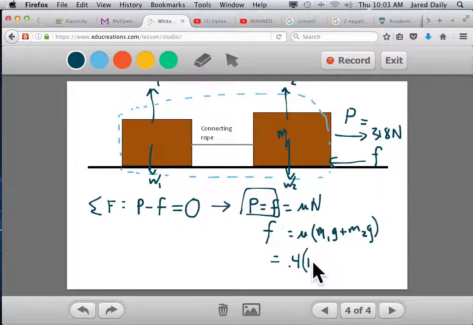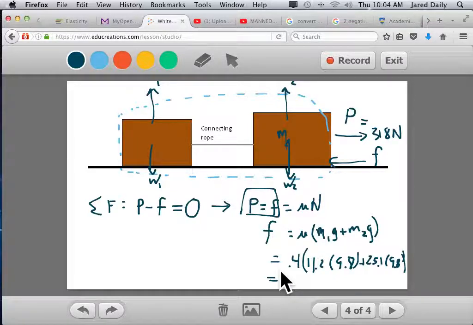So we have 11.2 times g, 9.8, plus 25.1 times 9.8. Add those together. We get like 350 times 0.4, so we get about 125, 175-ish, something like that.